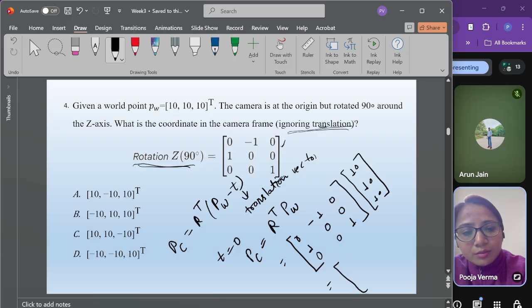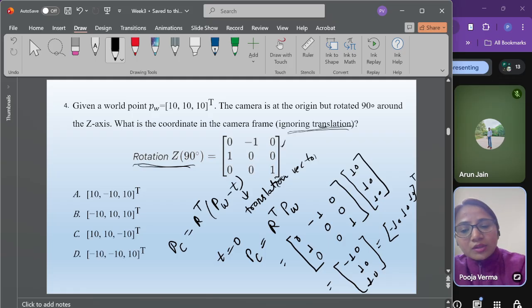If you multiply by the column, 0 times... so here -10, and in the other two rows only ones are there, so 10 and 10, right? So you can write it as -10, 10, and 10 transpose. So yeah, option B is the correct answer for this question.